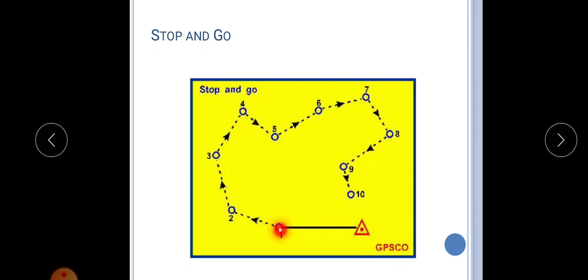Okay, and after collecting the location details, this rover receiver is moving to the next point, that is point 2, and remains there for some period for collecting the location details. And after that, it will be moving to the next point, then the next point, like that completing the whole process. That is, it is collecting the location details of all these unknown points. That is, here the rover is moving like this. So it is a stop and go procedure.